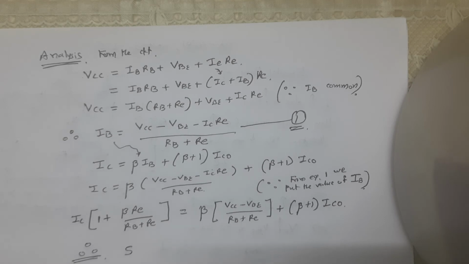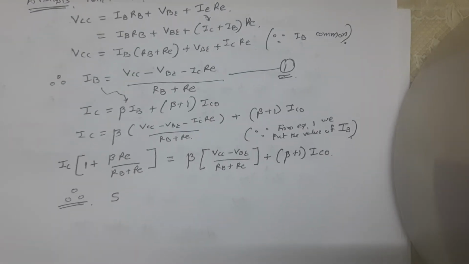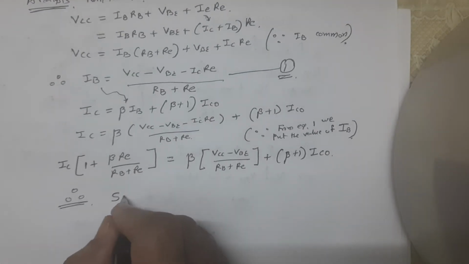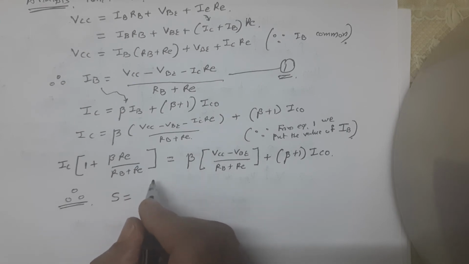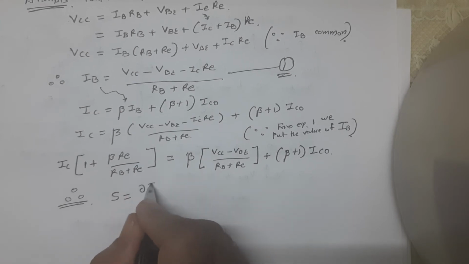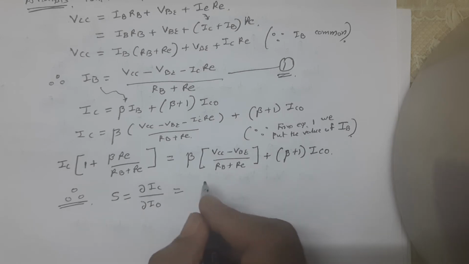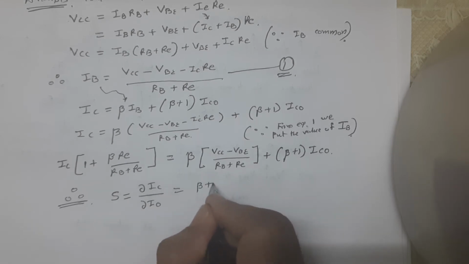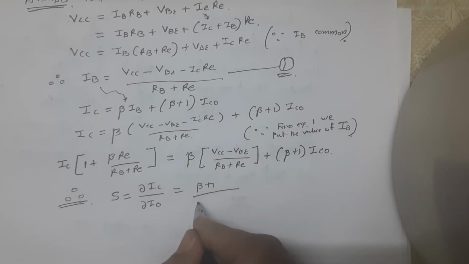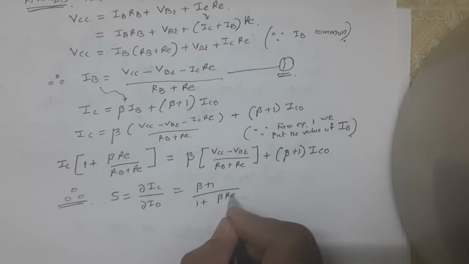stability factor S is nothing but the differentiation of IC with respect to ICO. That means delta IC upon delta ICO, and this is equal to (beta plus 1) upon (1 plus beta RE upon (RB plus RE)).